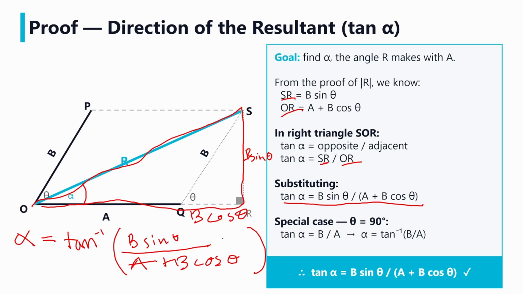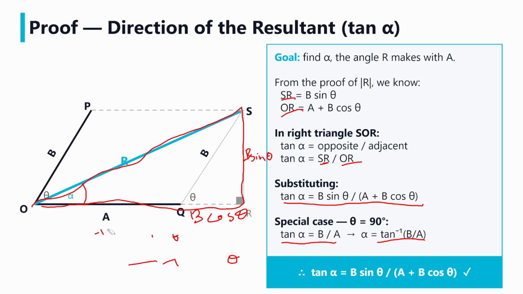But special case here, tan alpha equals b by a, or alpha equals tan inverse of b by a. How is this actually possible? Well, for that we have to set theta to 90 degrees, alright, because they're perpendicular.